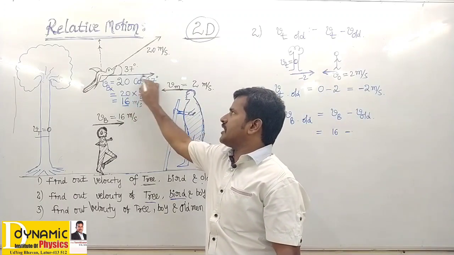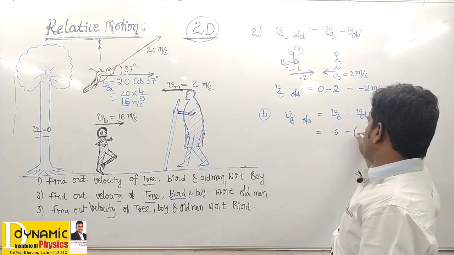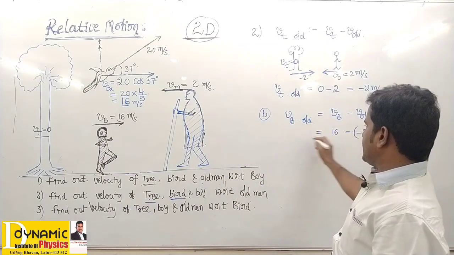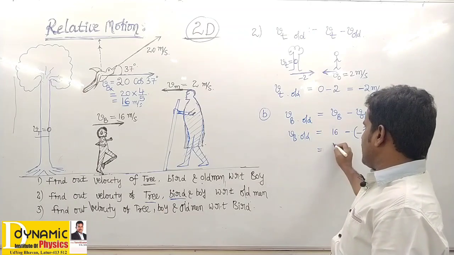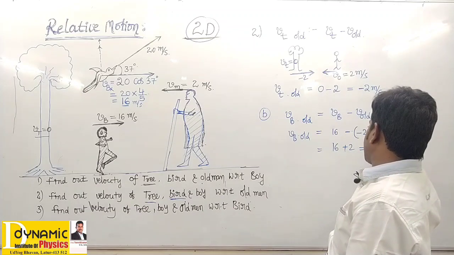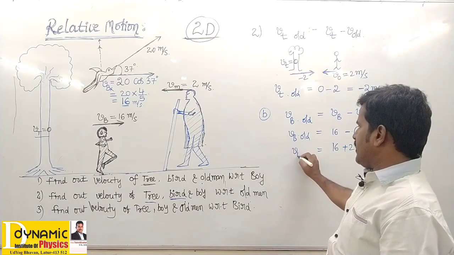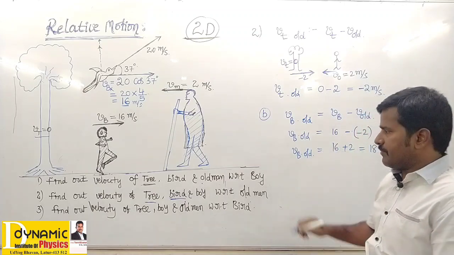The bird direction and old man direction are opposite, approaching, so it is minus of minus 2. It is written as 16 plus 2, which is 18 meter per second. So V bird with respect to old man is 18 meter per second.